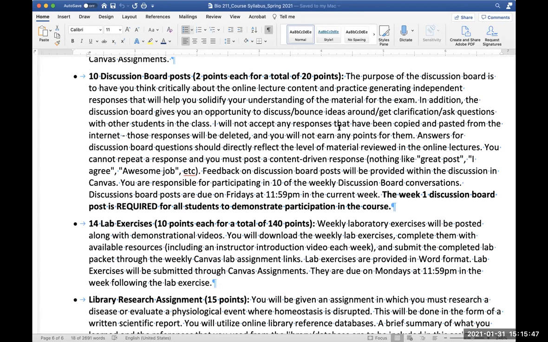Sometimes I'll give you a specific assignment where I ask you to discuss a certain point, but other times I ask you to ask your peers a content, well-written question, or invite your peers to answer your question. So you'll get specific instructions for each post, but this is all to be original work.